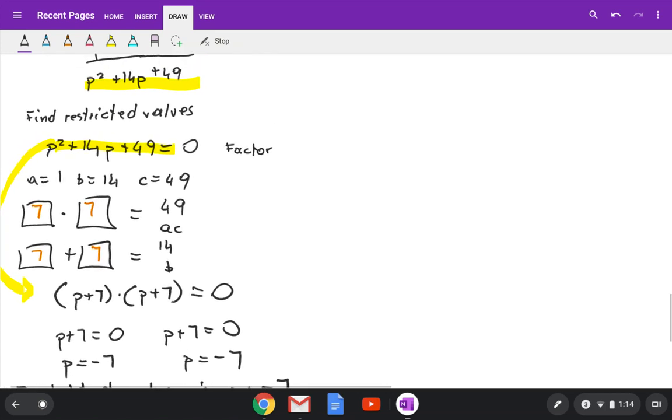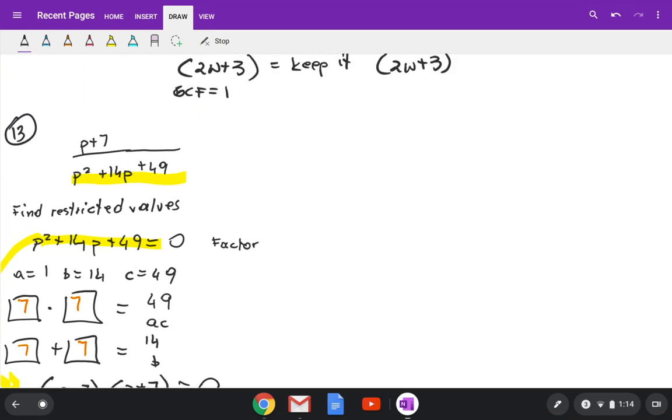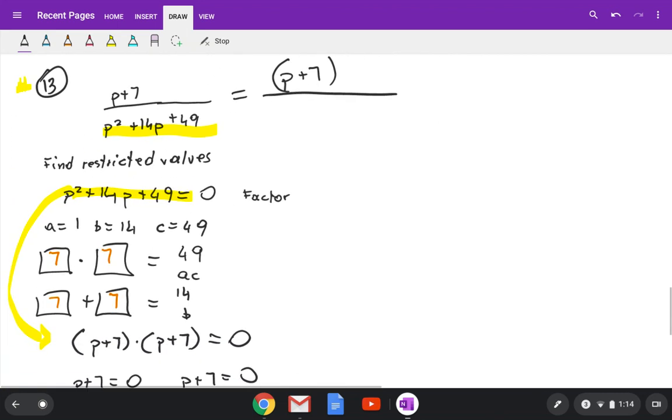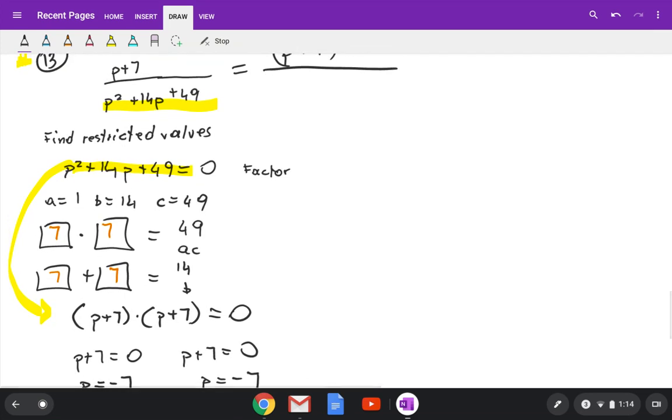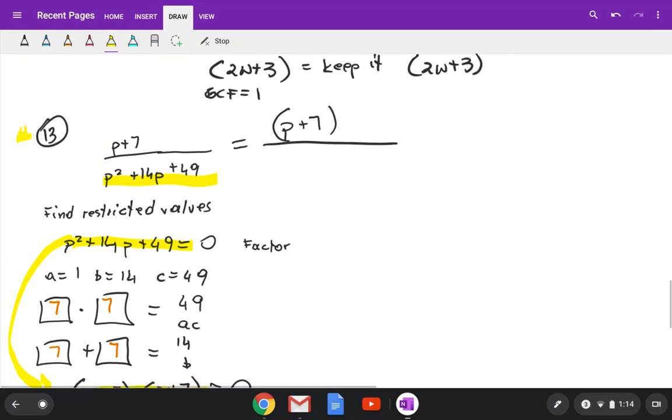Okay, and the second part is to simplify this expression. So factor numerator, since it's prime, you're just going to copy p plus 7. Then factor denominator, we end up with p plus 7 times p plus 7.